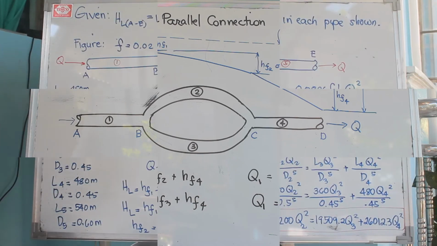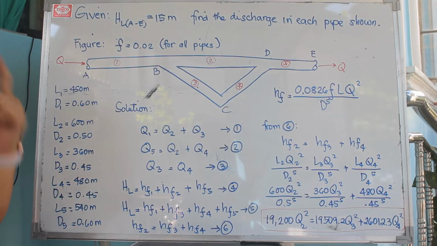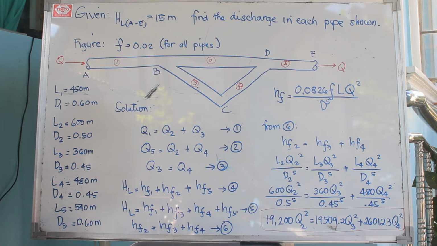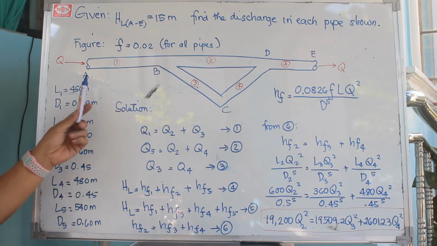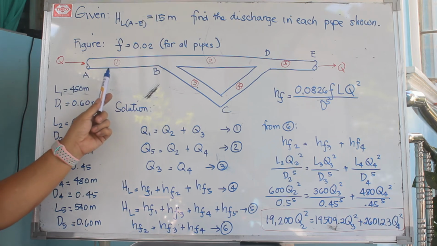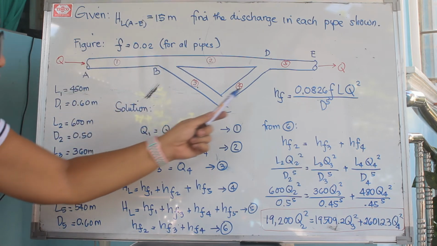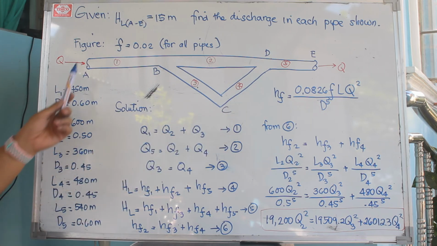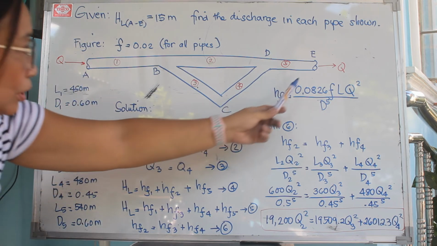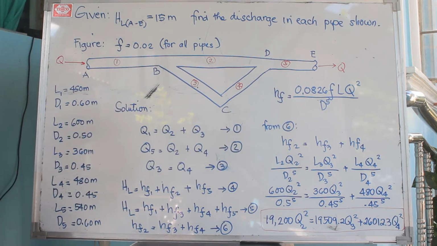Okay? Okay, so, applying the principles we have in pipes connected in series and parallel, we have here a problem. The problem is to find the discharge in each of the pipes connected as shown. So, the total head loss from this point A through the discharge end E is 15 meters.